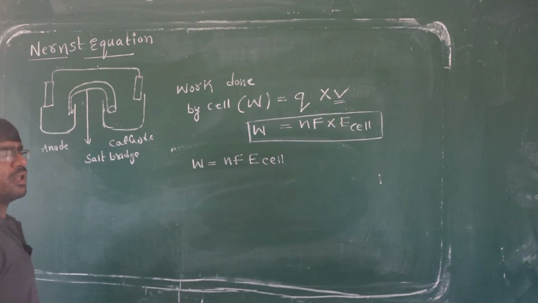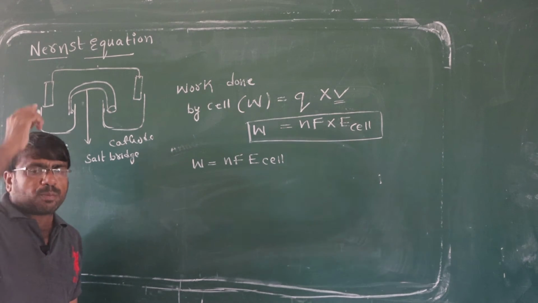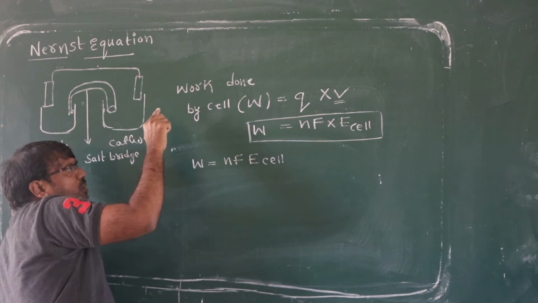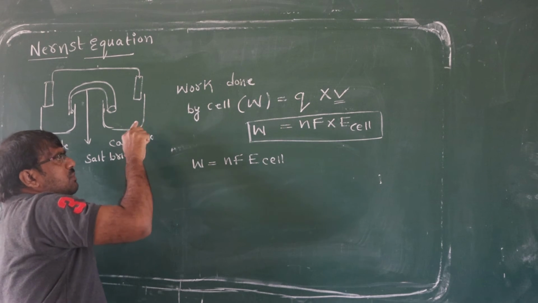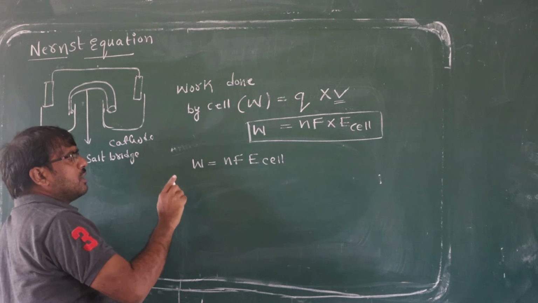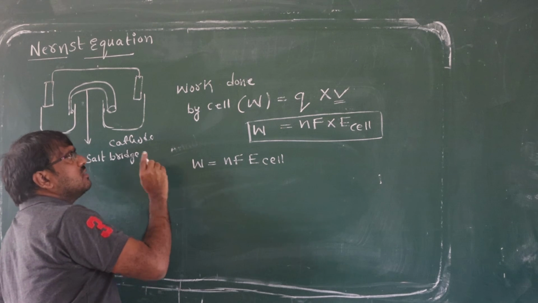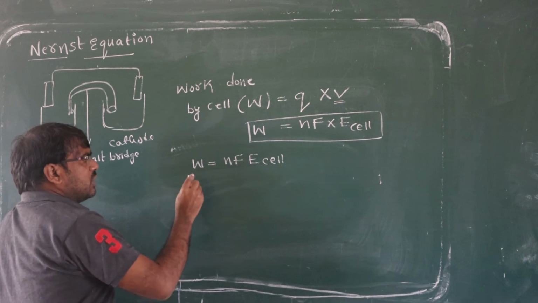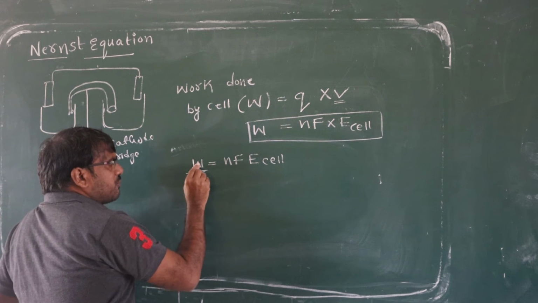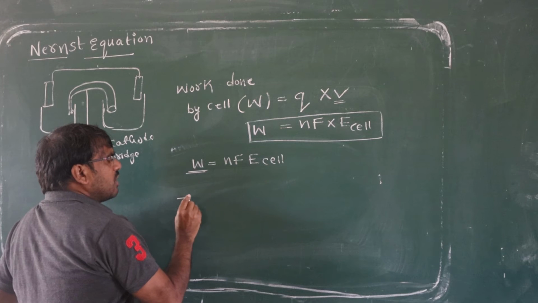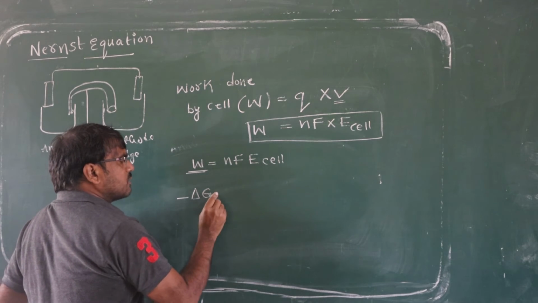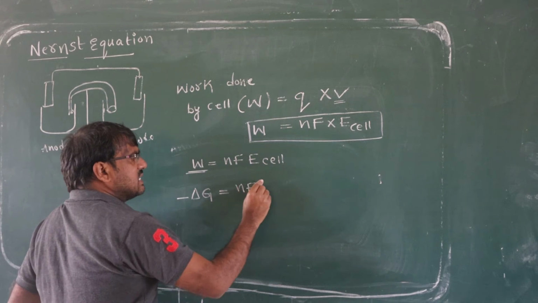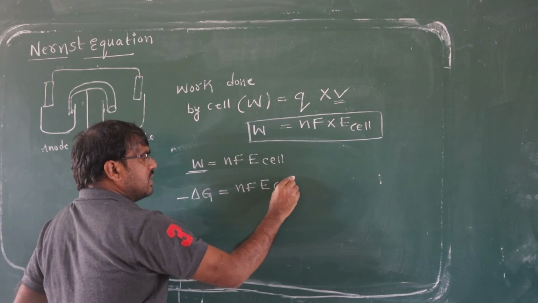And listen, one more formula I want to tell. The system is going to do some useful work. Because of useful work, the Gibbs energy of the system or cell decreases. So in place of work done, we can substitute the change in Gibbs energy: minus delta G is equal to nF E cell.